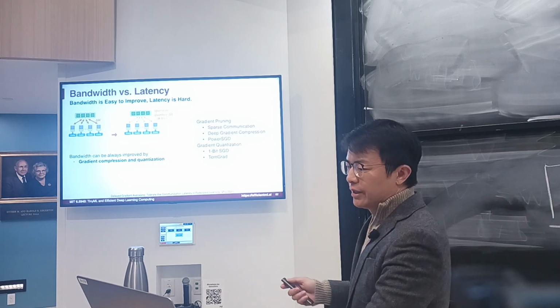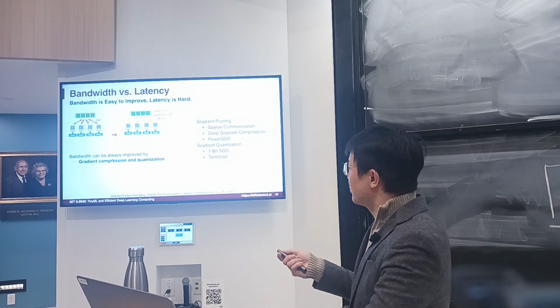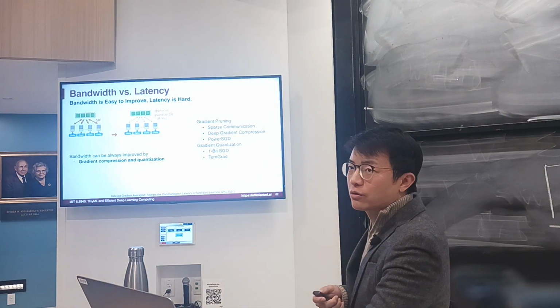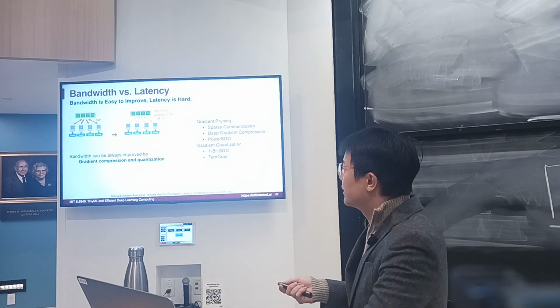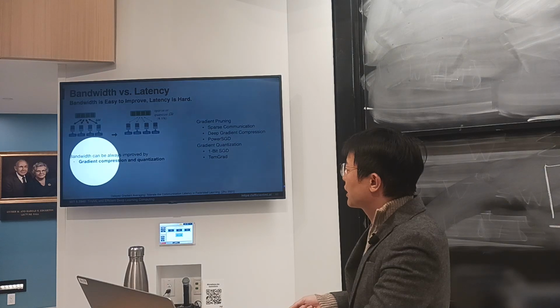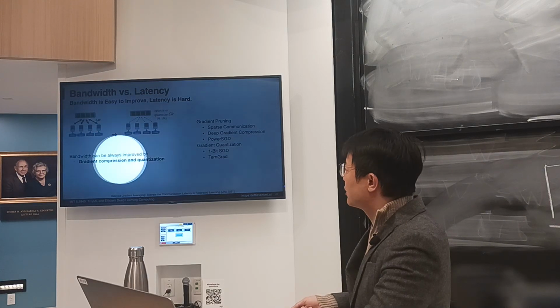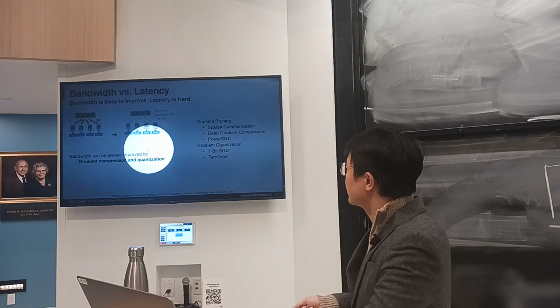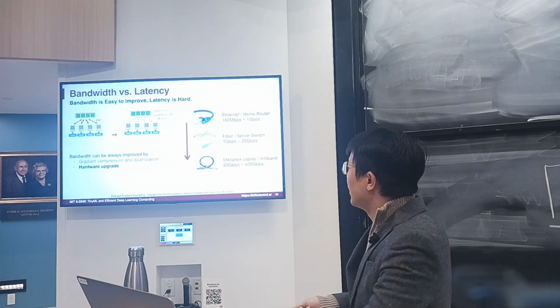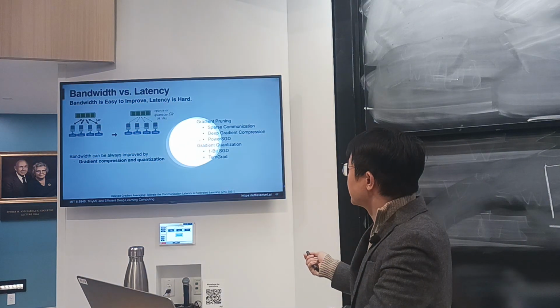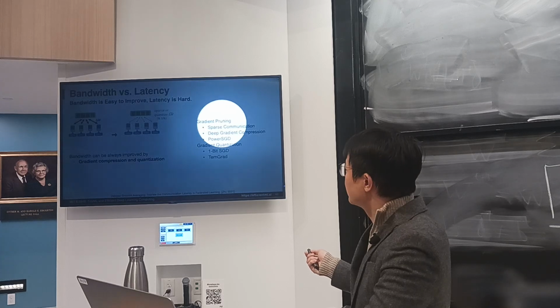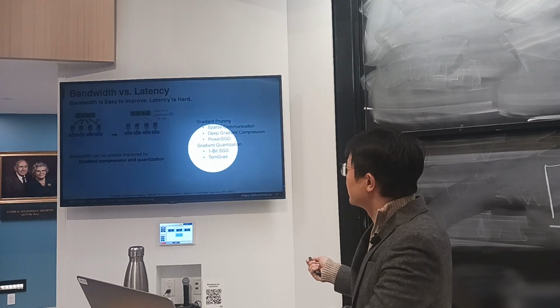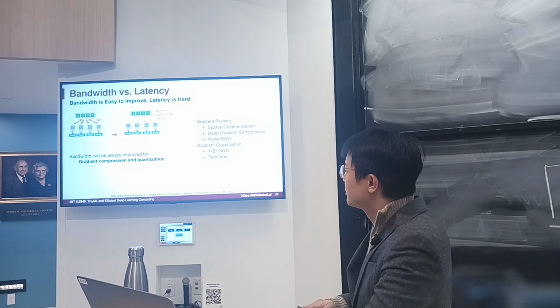Bandwidth is much easier to improve compared with latency. For example, we can improve the bandwidth by compressing the gradient, make it smaller, and quantize that, make it a fewer number precision, for example, using the techniques we just learned: pruning, deep gradient compression, TernGrad gradient quantization.